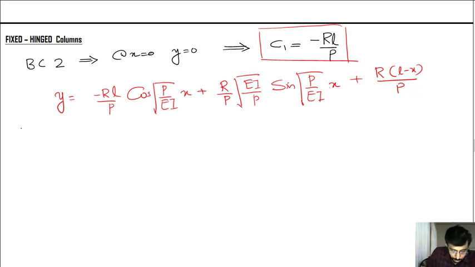Now let's apply the third boundary condition, where at x is equal to L, y equal to 0.